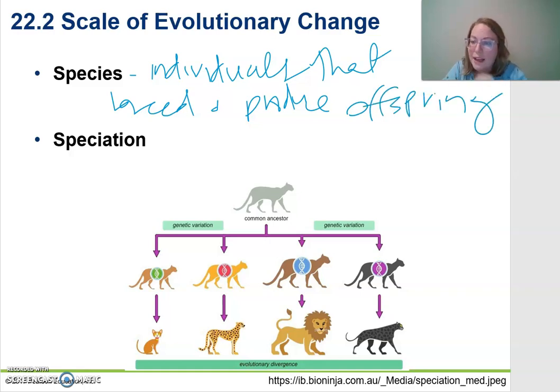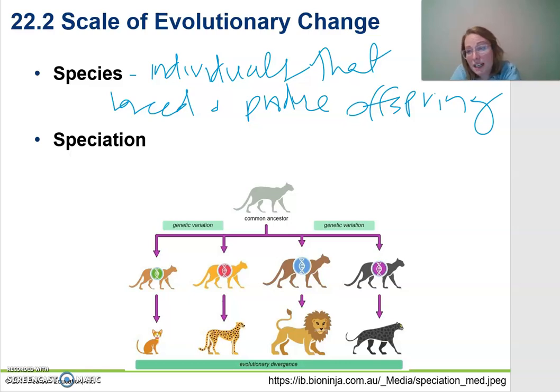So you'll talk about prezygotic barriers and postzygotic barriers. Are you breeding at the same time as the other individual? In the same area? Do you have a certain call, like behaviorally? Are you going to look for a specific thing that if the other individual doesn't do, you won't breed with? The same season, the same time of day.